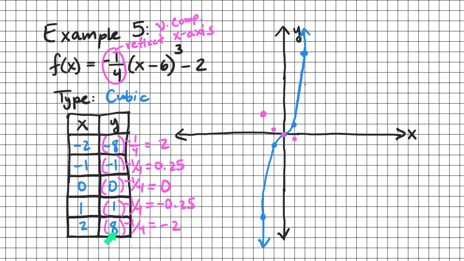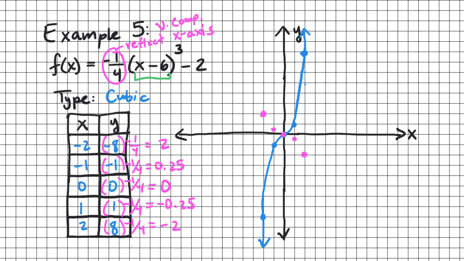And then the last point is 2, negative 2. That means 2 to the right and 2 down. Something like this.